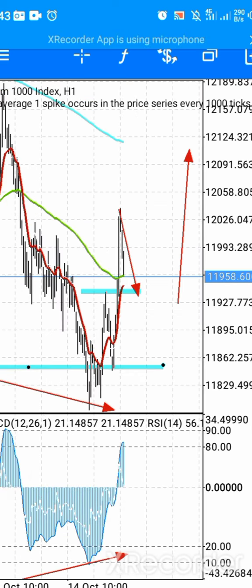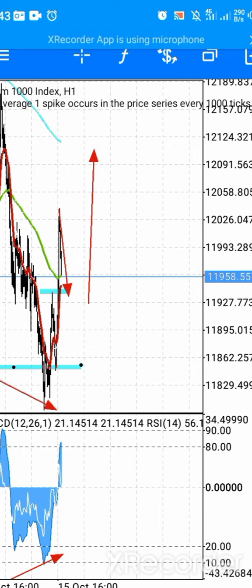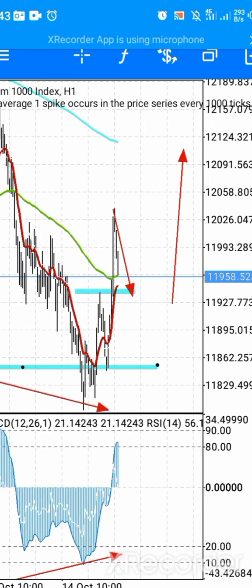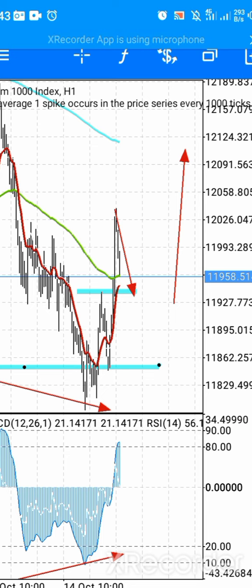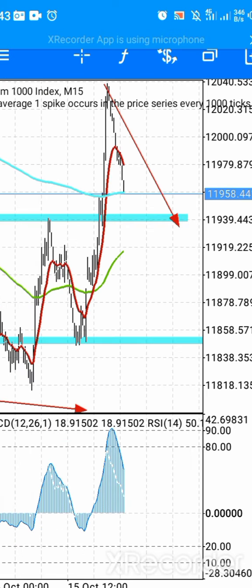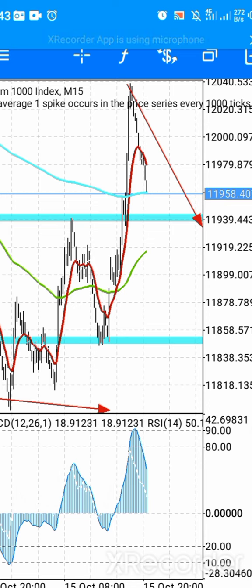So right now, to go straight into what I wanted to explain, this is the chart. I'll be using 15 minutes for this illustration. If you're looking at this chart very well, you will observe that there are three moving averages here. We have the 200, we have the 10, and we have the 50.